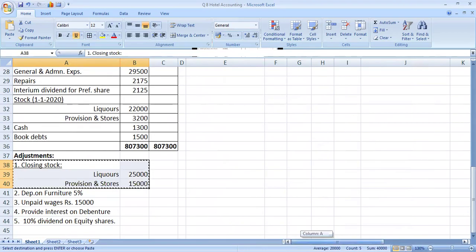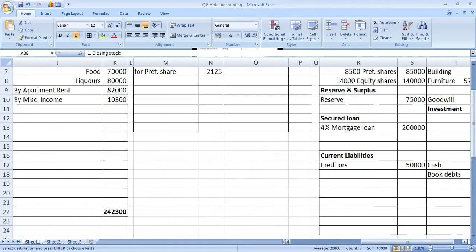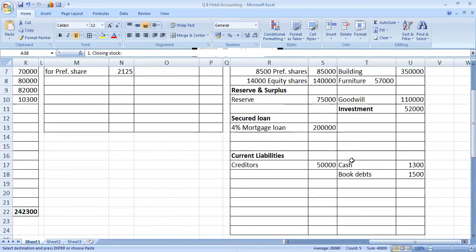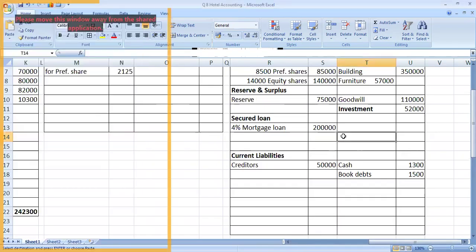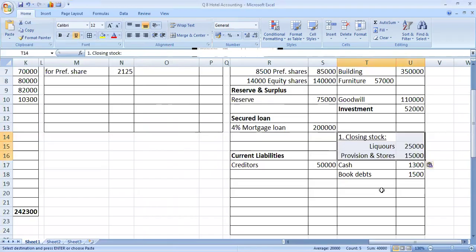Adjustment number 1, closing stock. First effect goes to the balance sheet asset side, under the heading of closing stock, liquor 25,000, provision and store 15,000.